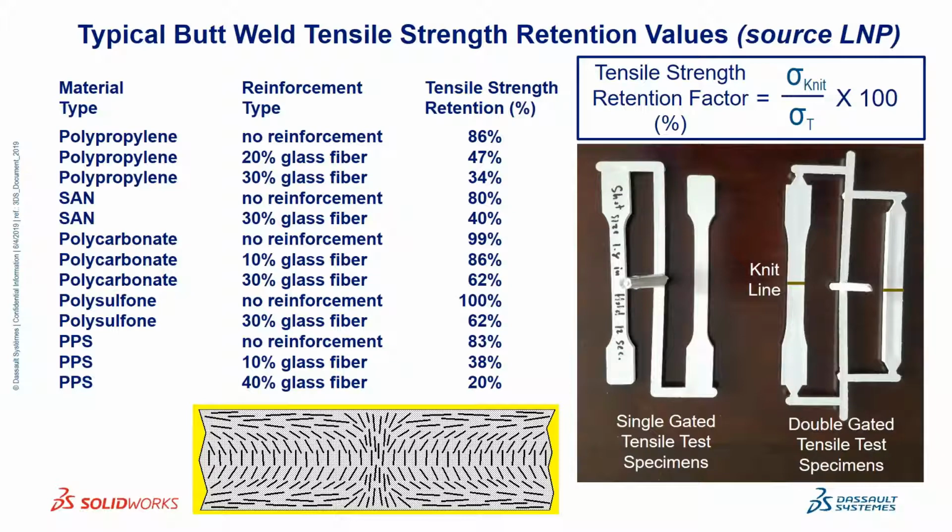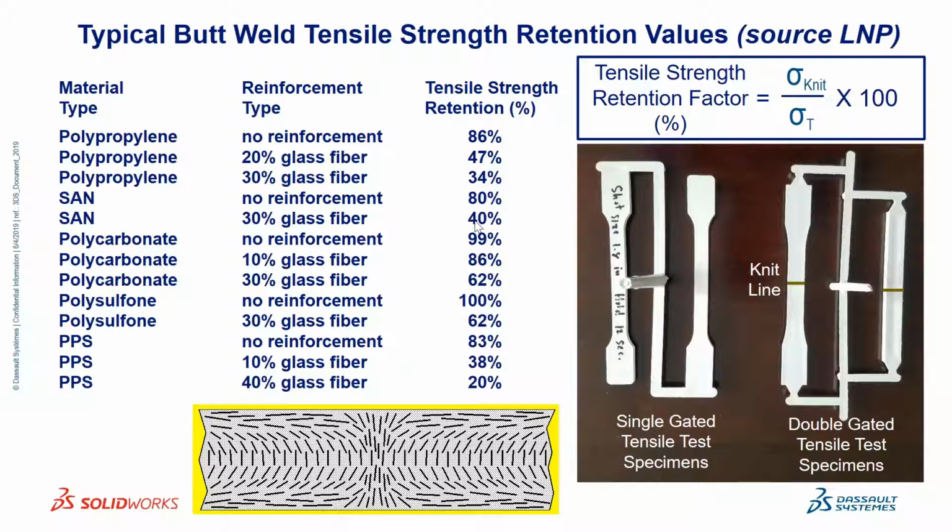So yes, glass reinforced materials are great. They provide strength and stiffness, but the weld zone is going to be significantly different than other sections of the molding. So you want to be really careful to make sure that the weld zone is not in an area where structural integrity is important, where stresses are high.